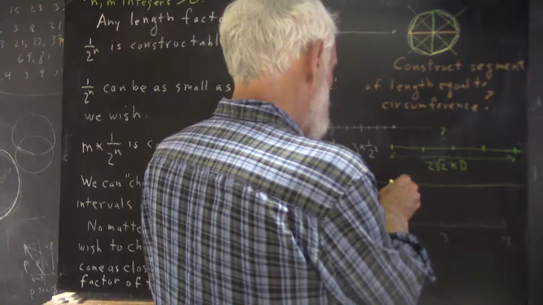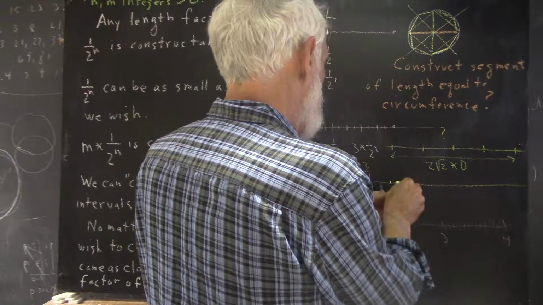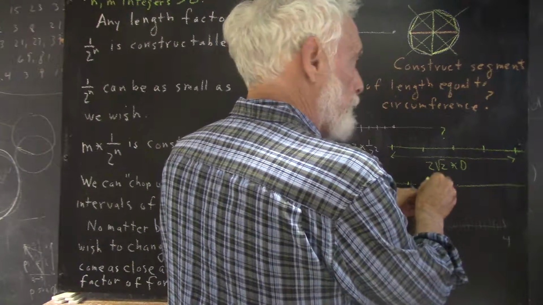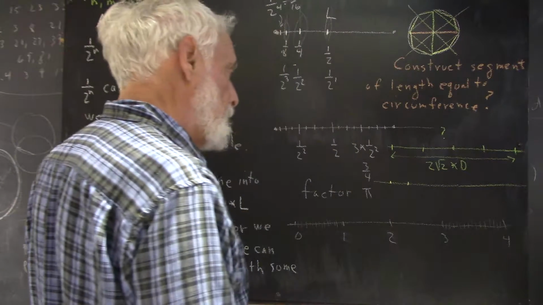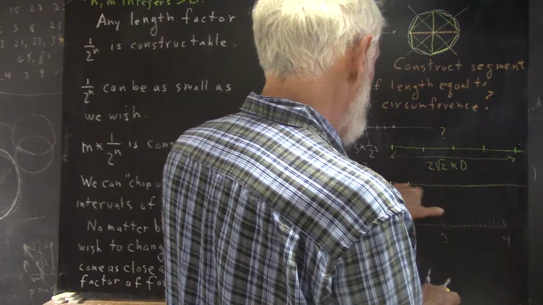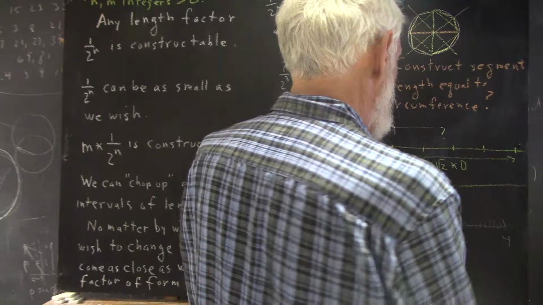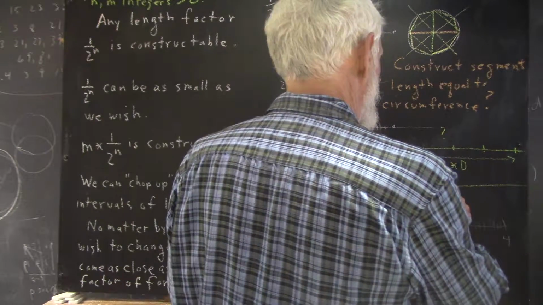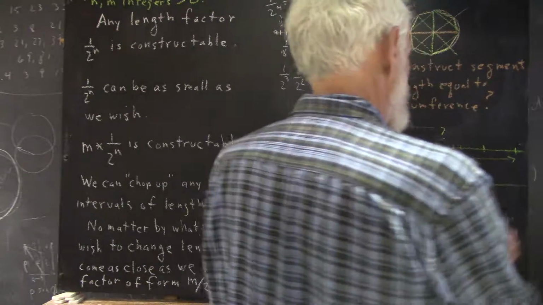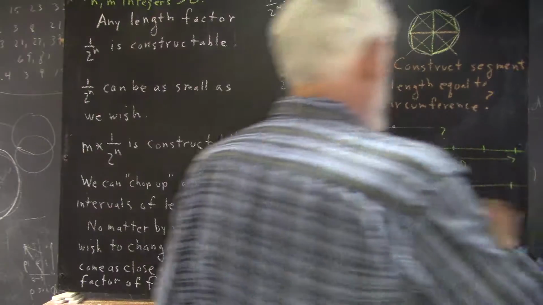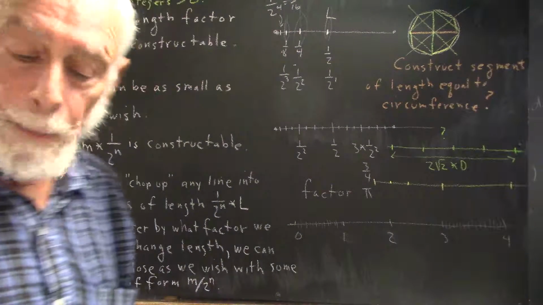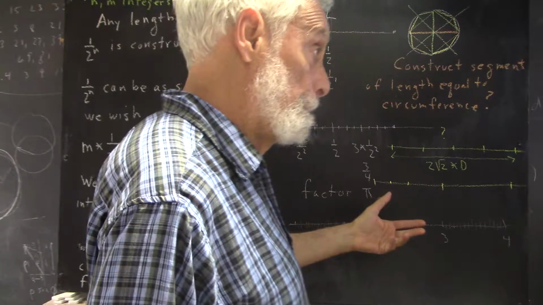But if I've got a marker on the end of this compass, I can mark here, and I've got the segment, I can mark here, and then I can continue marking 8 of them. But if I've got a long enough compass, of course I can just double this length, which would get me the equivalent of 4 of these. Then I just double this one, and I'm out here. And now the distance from here to here is going to be a better approximation of pi.